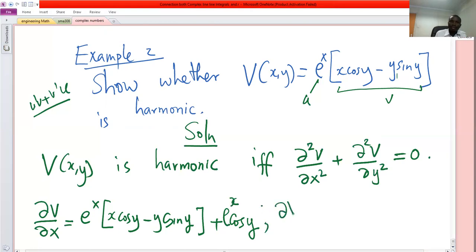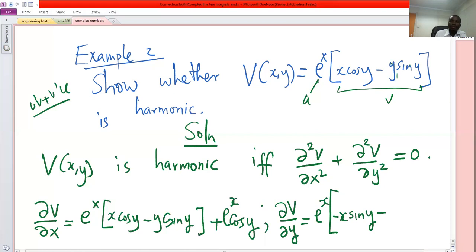And then partial v partial y will be, so this will have e raised power x common. This term here with respect to y will give us negative x sine y, minus this one, use product rule, this one as u, this one as v.